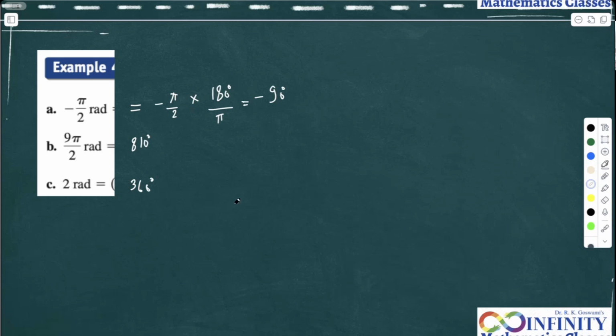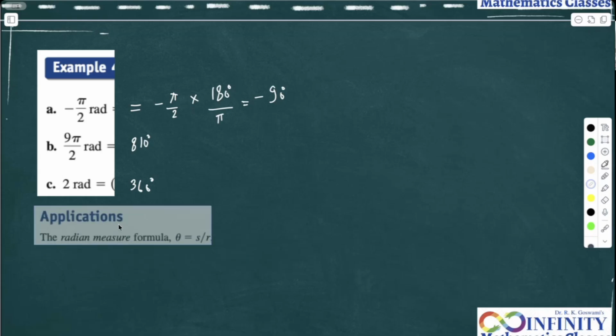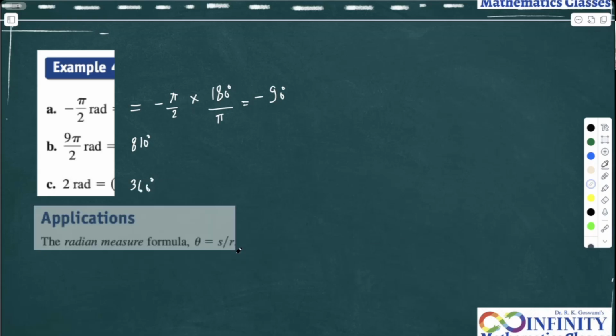Okay. Now, first we are going to have an application of radian measure, and we are going to measure the arc length. So we know that theta, s and r, when theta is in radian given to you, this is the relation.